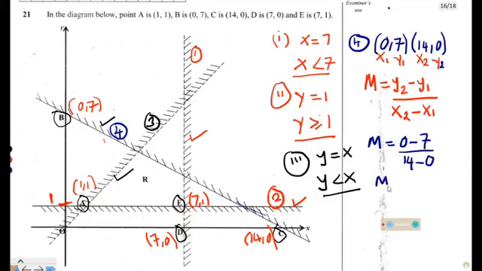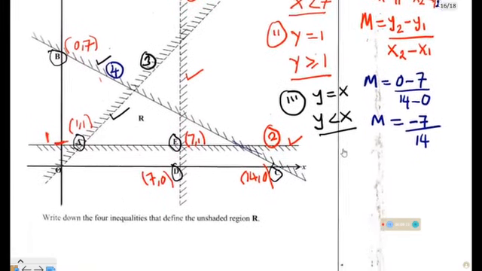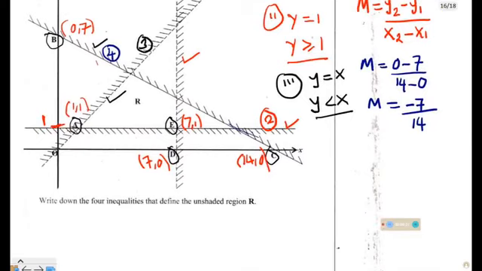So from here we say m is equal to 0 minus 7, we get negative 7, over 14 minus 0, we get 14. Then we just need to simplify, where we say m equal to negative 1 over 2, because 7 into 14 is 2. So this is the value of the gradient.